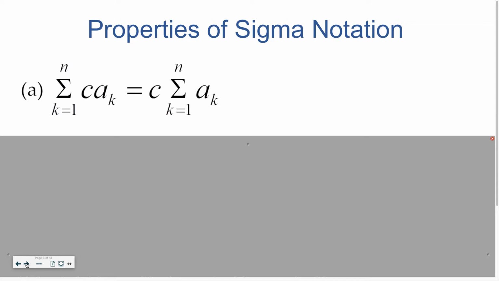But if we have a summation with a constant times our sequence, we can take that constant and it can come outside of the sigma notation, and we can worry about the summation and then multiply it by that constant. Those will be important for our shortcuts coming up.